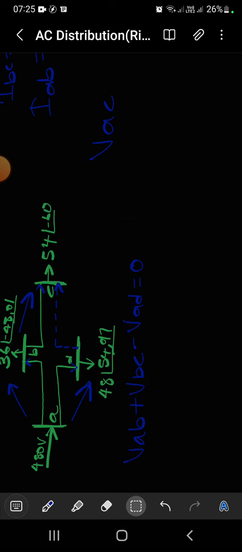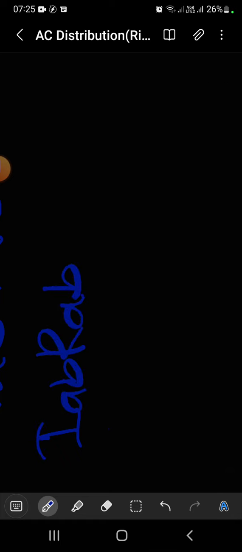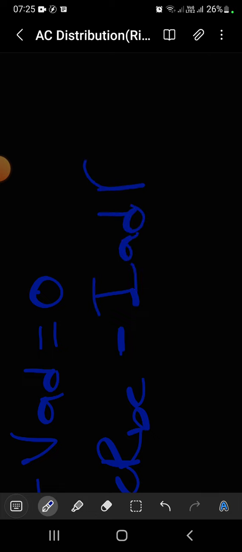So now we're going to substitute our values. Remember the currents that we got. VAB is simply IAB times RAB, and then you add IBC times RBC, then you subtract IAD times RAD. You set them equal to 0.